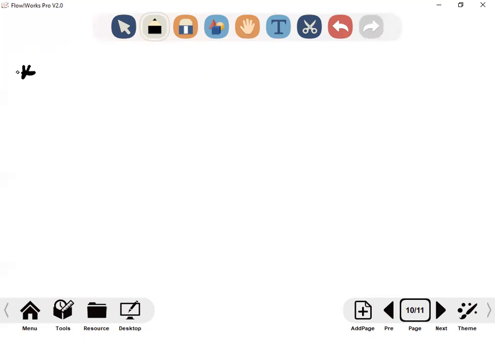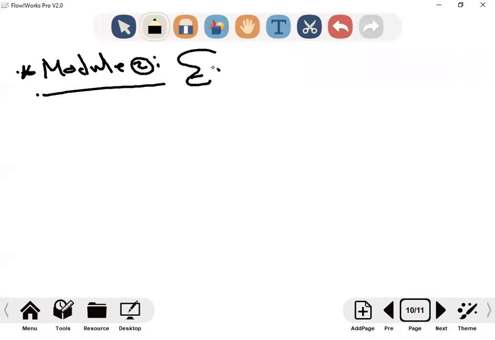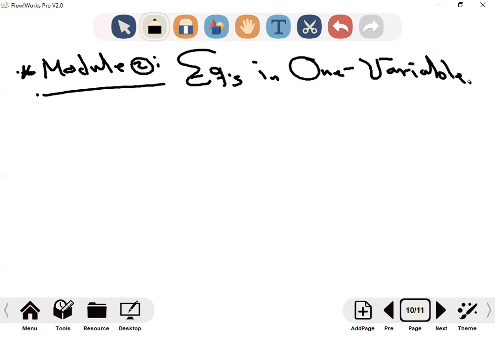We took this idea even this semester, but in this semester we took how we write algebraic expressions. Here, how we write equations. So module 2 is equations in one variable.